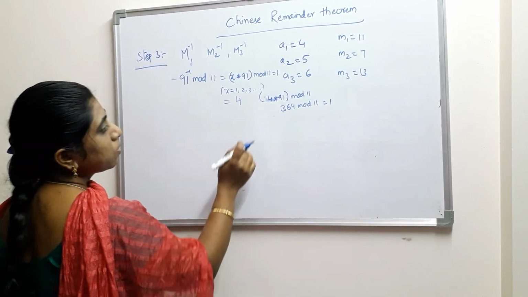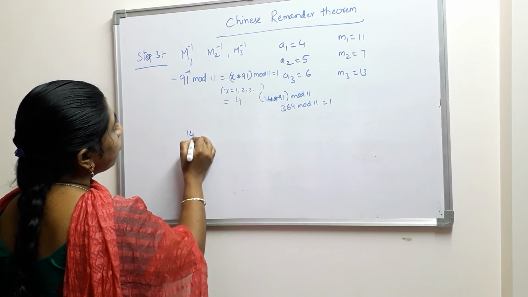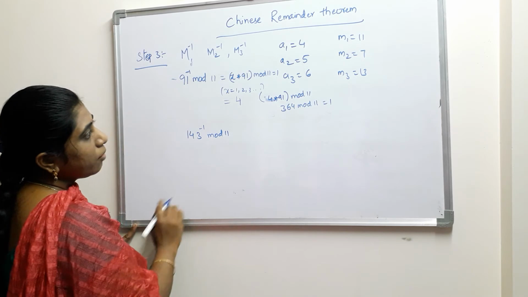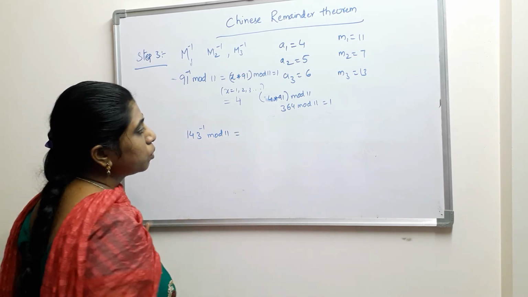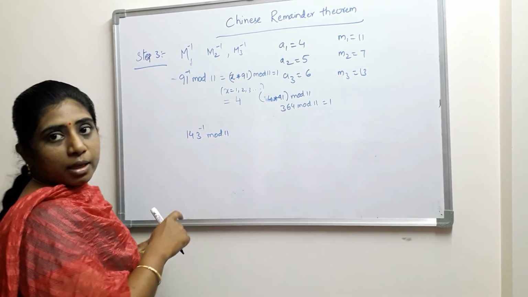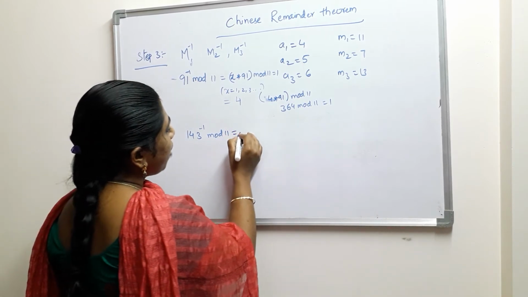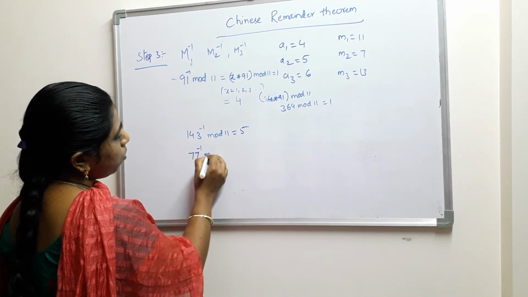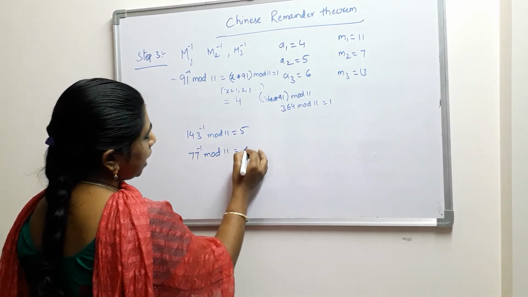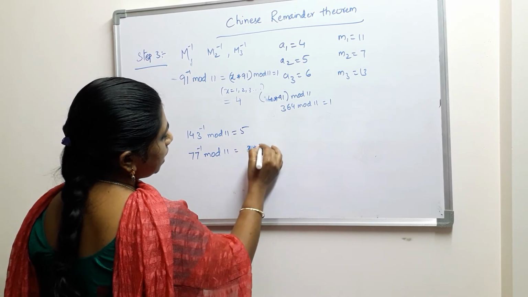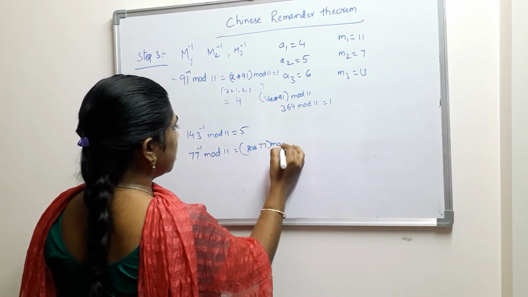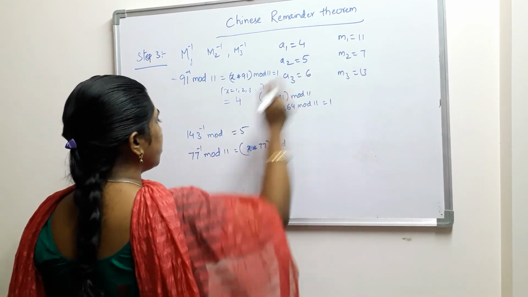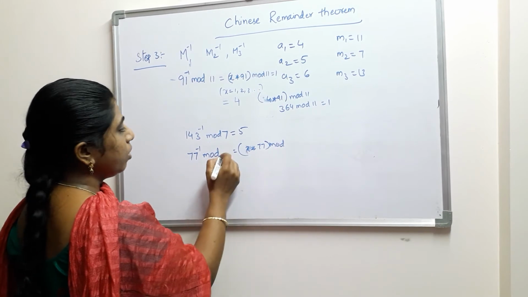Then coming to the next one, what are the values? 143 inverse mod 7. So here 143 mod 7 is equal to 5. Now coming to 77 inverse mod 13, this also you can write as x into 77 mod 13.